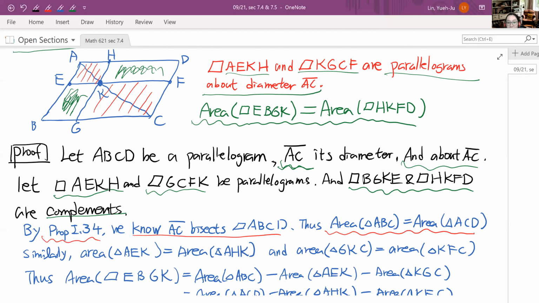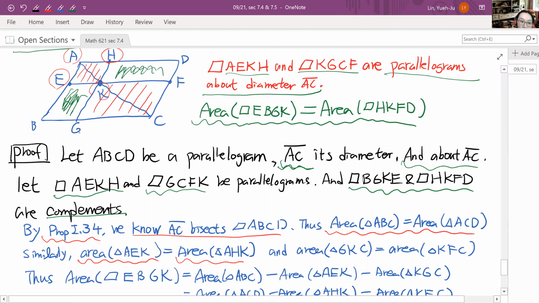But by this exact same reason, if you look at the smaller parallelogram, let's say AEKH, right? Then AK also cuts it in half, right? So we are going to have triangle AEK, which is going to have the same area as triangle AHK. And for the exact same reason, if you look at the other parallelogram about the diameter, which is KGCF, then the diameter KC is going to cut it in half, right?